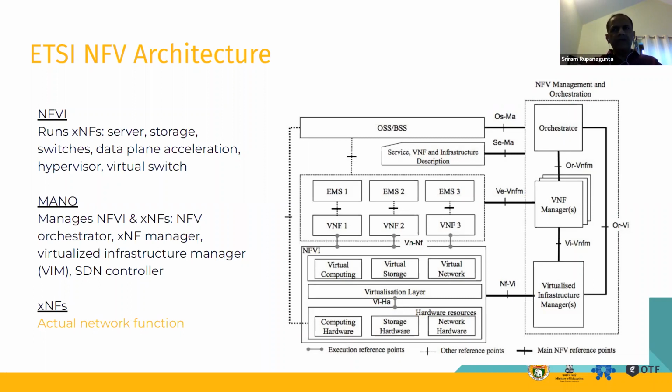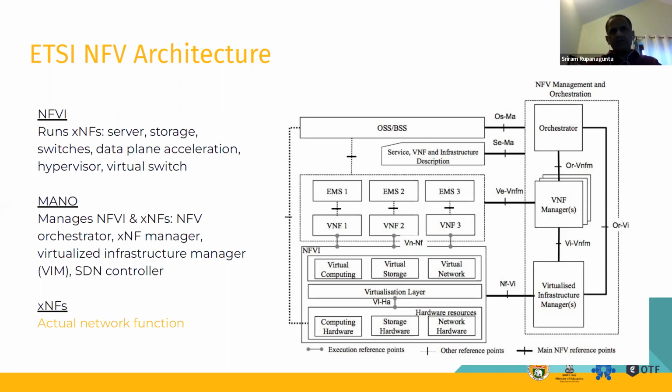The VIM is the layer that you see at the bottommost box on the right-hand side. That is the layer that manages the virtual infrastructure. So there is a clean separation between the software layer that manages the virtual infrastructure, and the virtual network function managers and the NFV orchestrators.